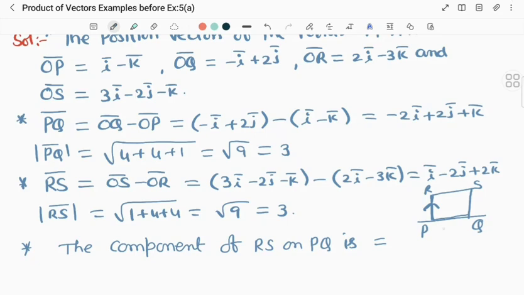First what we have to do is write it like a projection, whatever we already did in the previous problem: RS dot PQ by PQ bar whole square into PQ. This is the way you can do this, students. It will come, that answer.